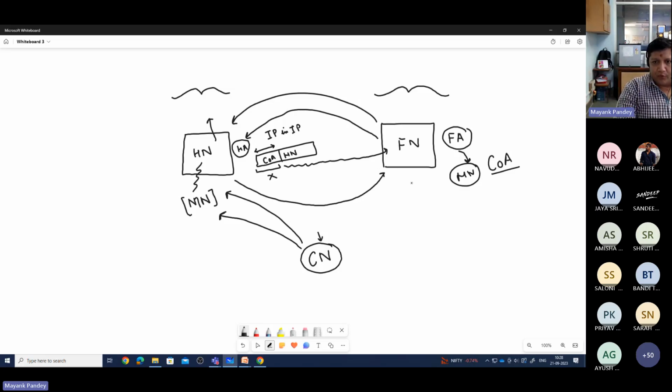Now, if the mobile node moves to another network, the whole process will begin again. We'll get another care of address, and in this way the data transfer can happen without changing the IP address of the mobile node.